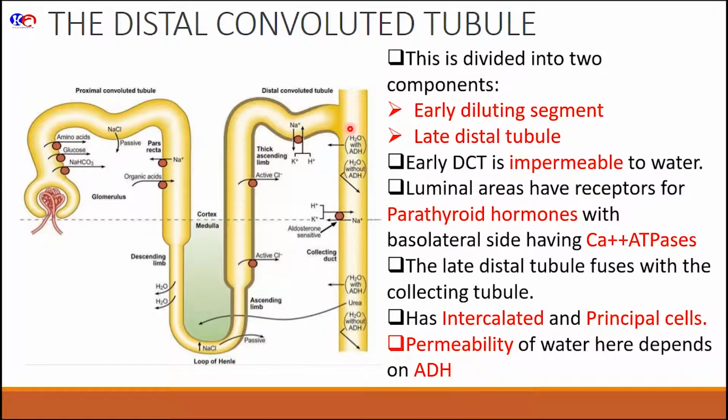If ADH is released, anti means against water or against diuresis. So it prevents water from being excreted, or it reduces urine. Now, if ADH is not produced, water can easily flow out of the tubule. We shall go into more detail in future lectures.